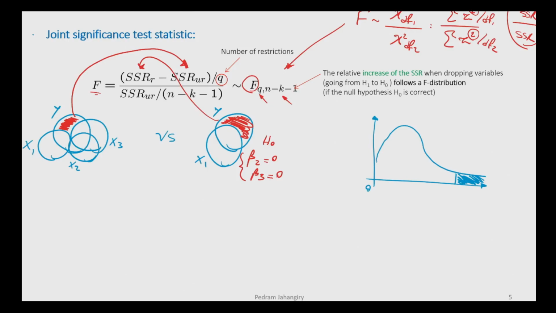So let's say this is my alpha, this is a critical value of alpha, and then here is going to be the rejection area. Basically, if you calculate this F, and F is greater than the critical value of alpha, then we reject the null. Reject the null means that those coefficients collectively were significant. Okay.